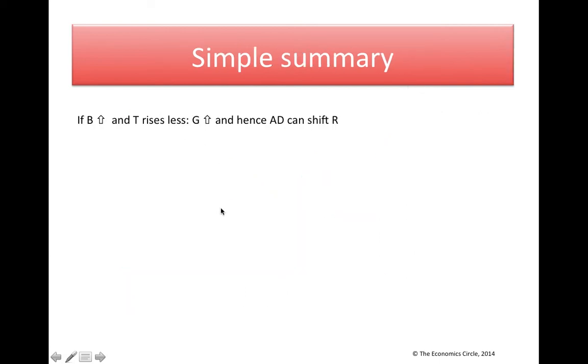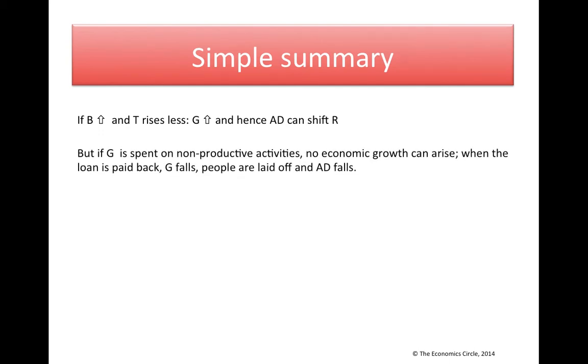So, here's a simple summary. If there's increased borrowing and taxes rise less than that borrowing, then government expenditure can increase. There will be net government expenditures, and hence AD can shift to the right. But then, what is that money spent on?